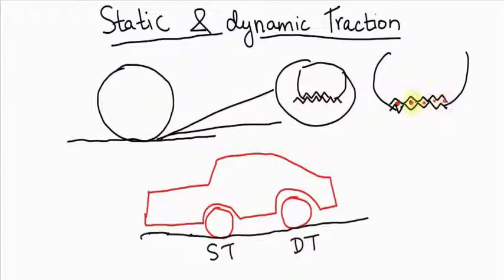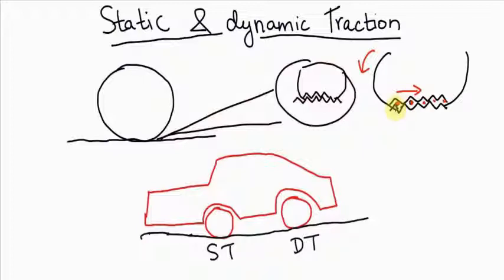Now what happens is the tire surface tends to exert a force. When the tire is rolling in this anti-clockwise direction, there's a backward force that the tire exerts on the road surface.